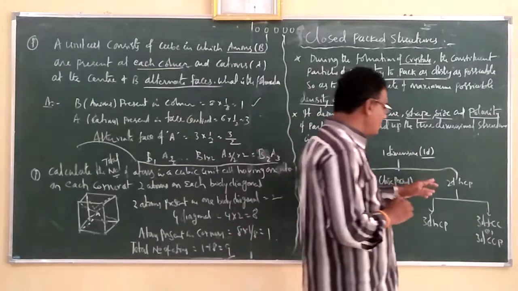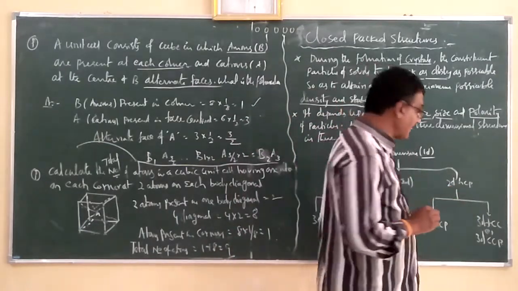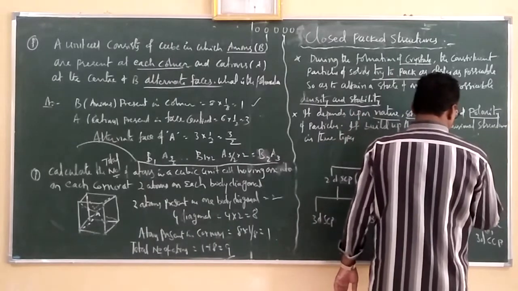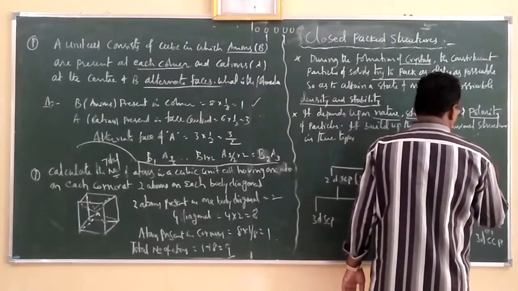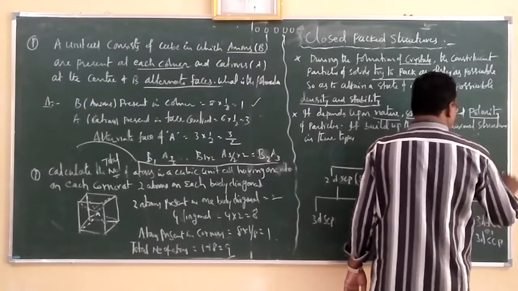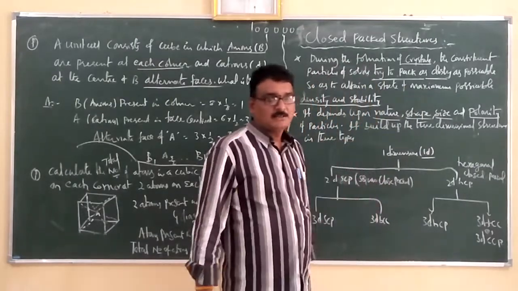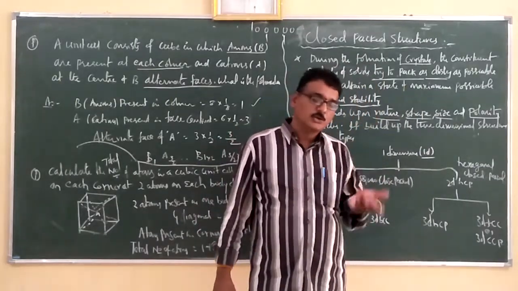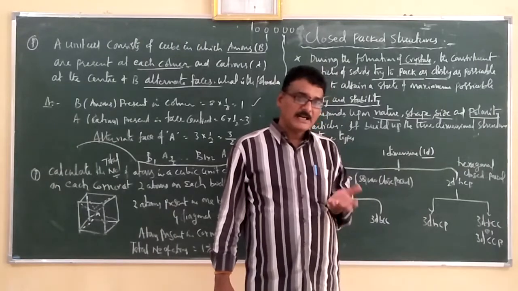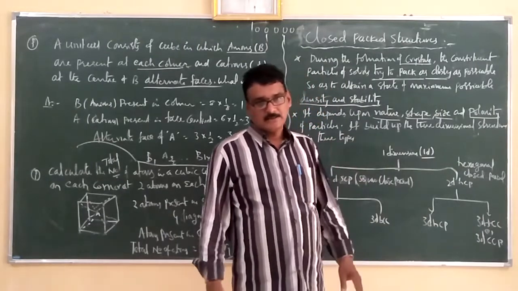Second is two-dimensional hexagonal closed packed structures. One is called square closed packed structure, the second is hexagonal closed packed structure.